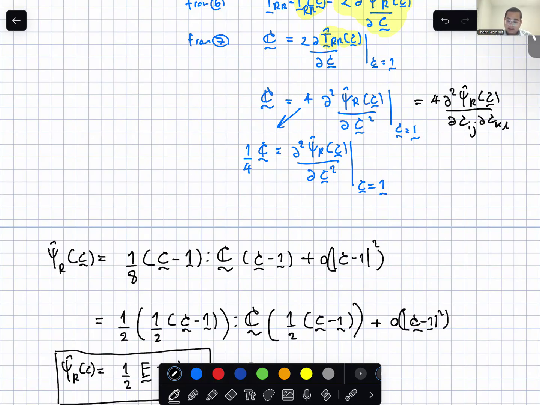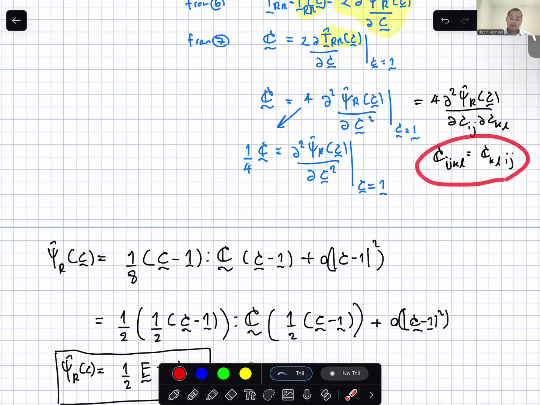So basically, the elasticity tensor C_ijkl is also equal to C_klij, because these two can commute in the partial derivative, right? This is another important property of the elasticity tensor.